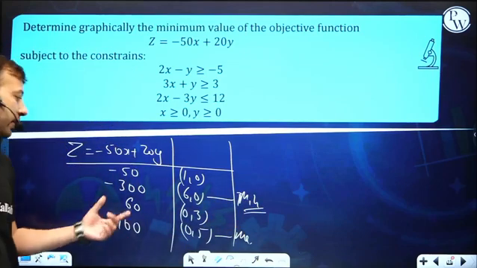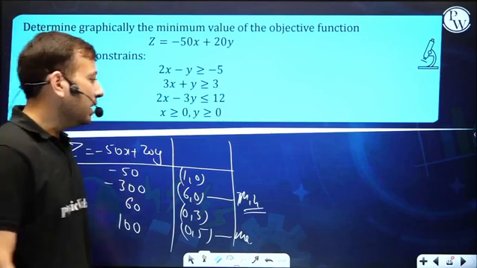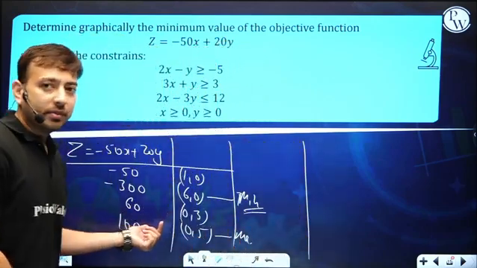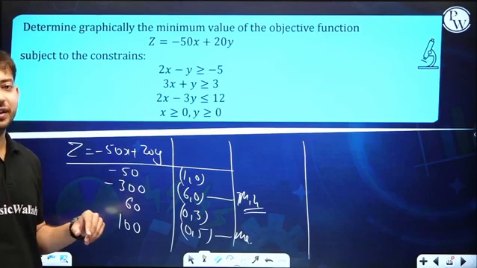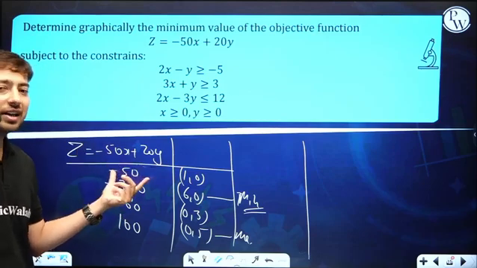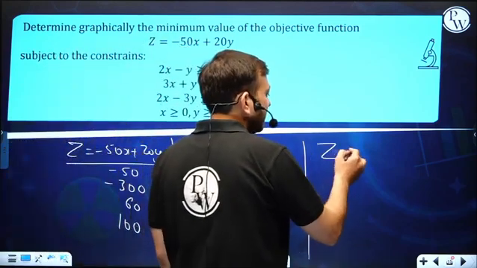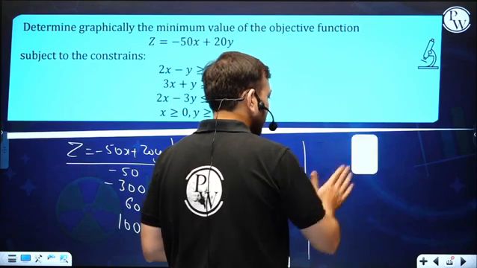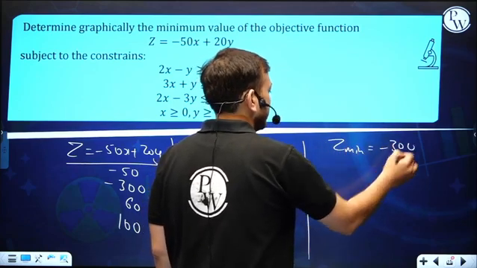Okay, I got the point. Now this is the value. Now you need to think, sir, it is minimum, right? The minimum this can attain is minus 300. So you will say that Z minimum is minus 300.